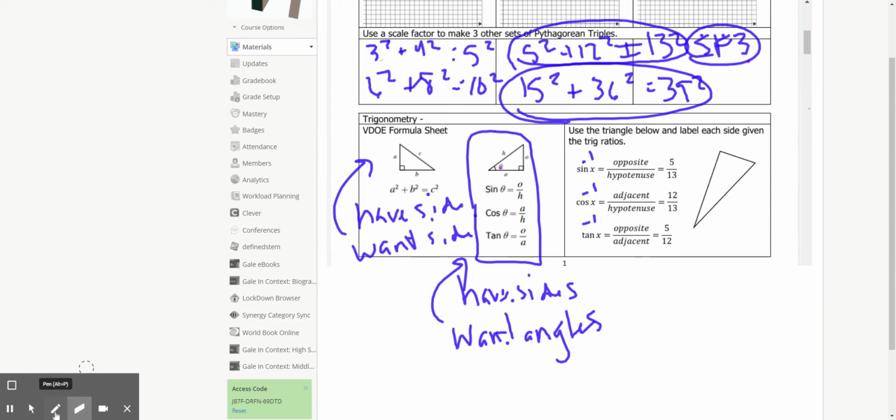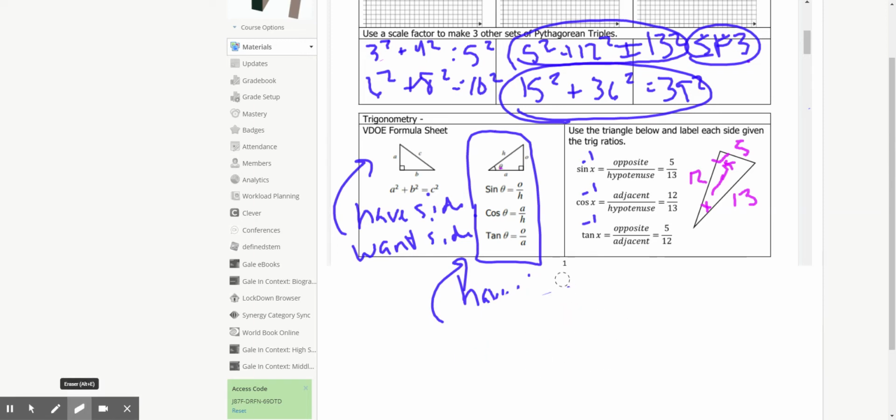You can also use the trig functions. So sine x, if I make this x, then the opposite is 5. And the hypotenuse across from that right angle is 13, which means the adjacent is 12. Okay.